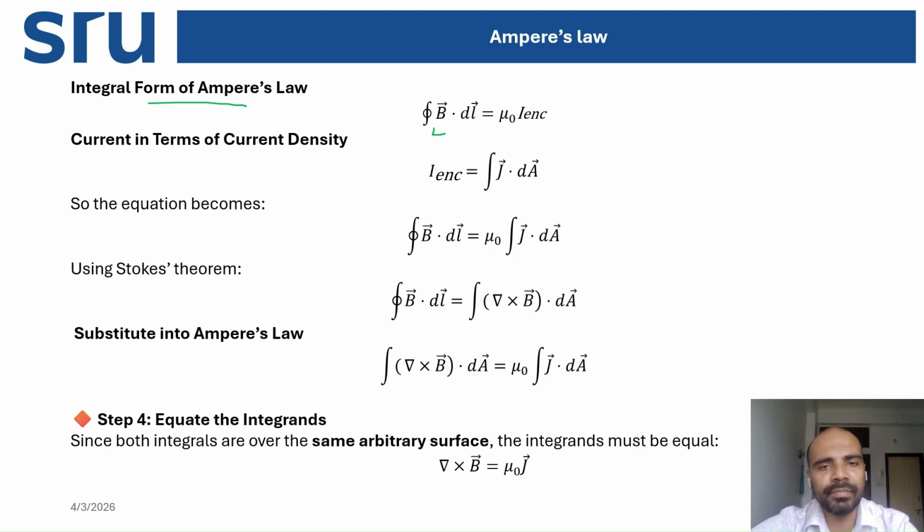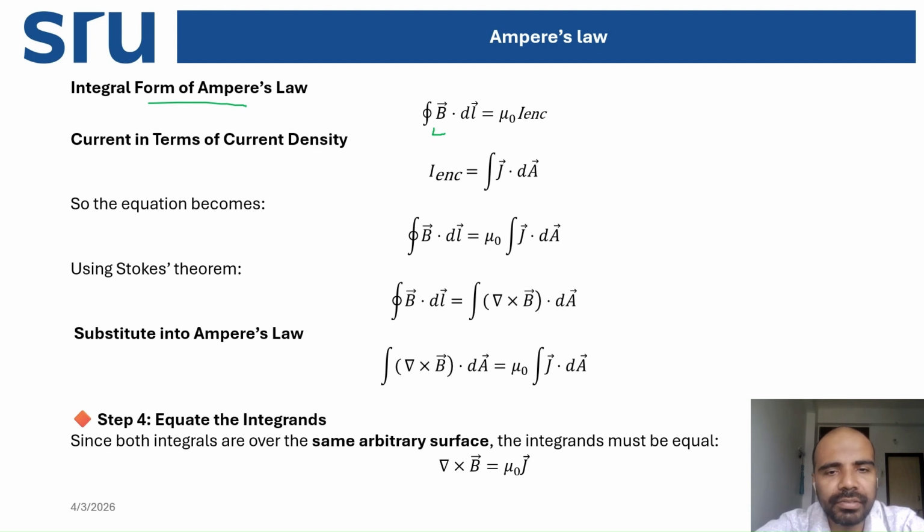So in terms of magnetic field density or the magnetic induction, the integral form of Ampere's law is line integral B dot dl equal to mu naught I enclosed. I enclosed is the current that is flowing in between the closed path, right?